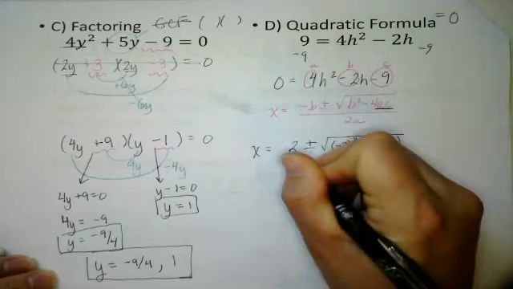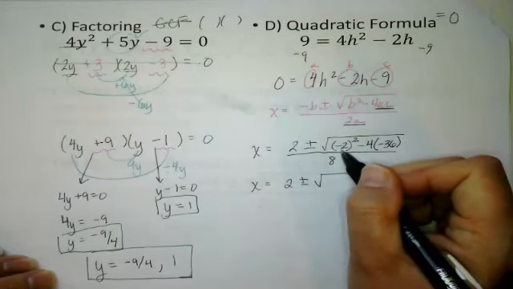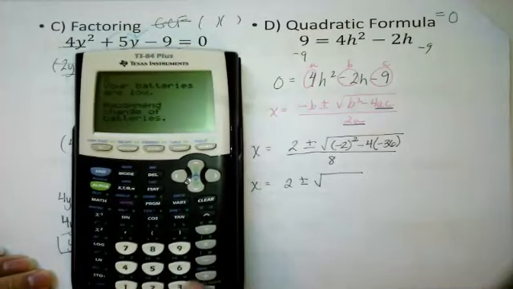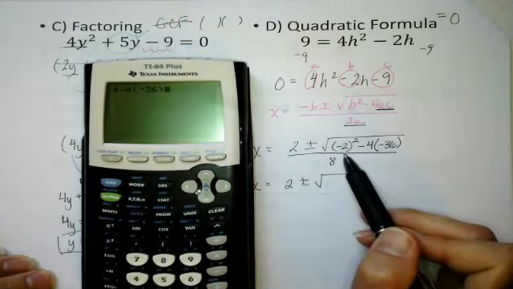So I get x equals 2 plus or minus the square root of negative 2 squared is 4. I'm going to use my calculator here. 4 minus 4 times negative 36. There we go. So I'm just typing in that whole radicand there, everything under the radical.